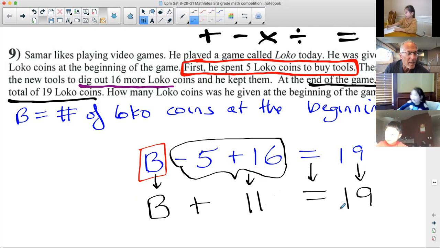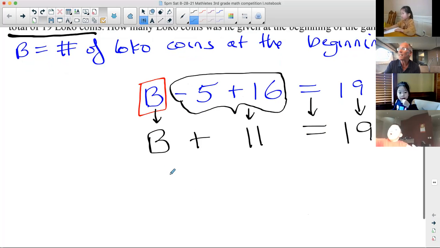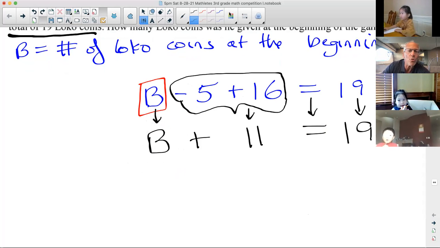Now, everybody, I already heard Jason say the answer. What do you think we need to do now to find out what B is? What do we have to do to both sides of this equation? What do you think, Eleanor? 19 minus 11.